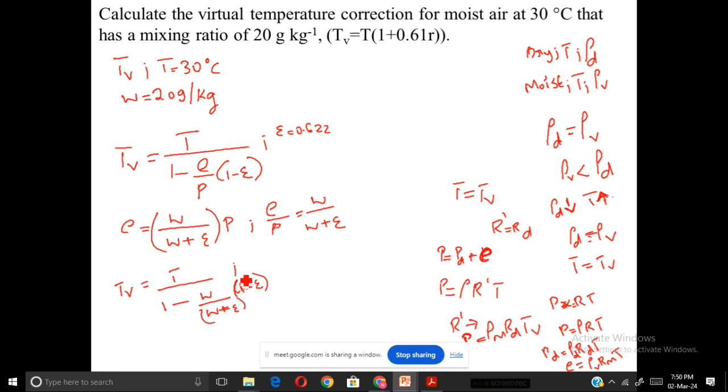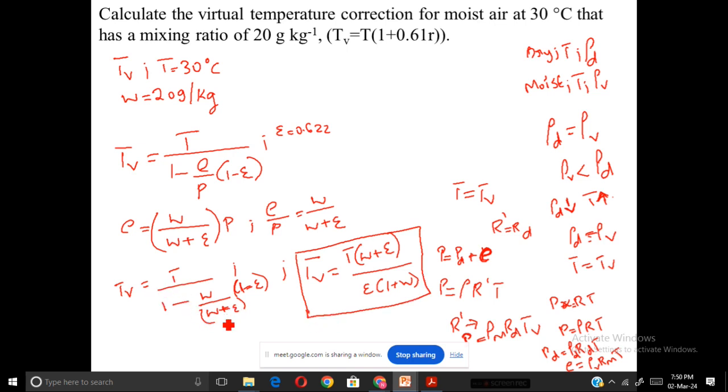So basically it will become TV is equal to T into W plus epsilon by epsilon into 1 plus W. If you expand this equation, it will become W plus epsilon minus W plus epsilon into W. W and W will cancel out.